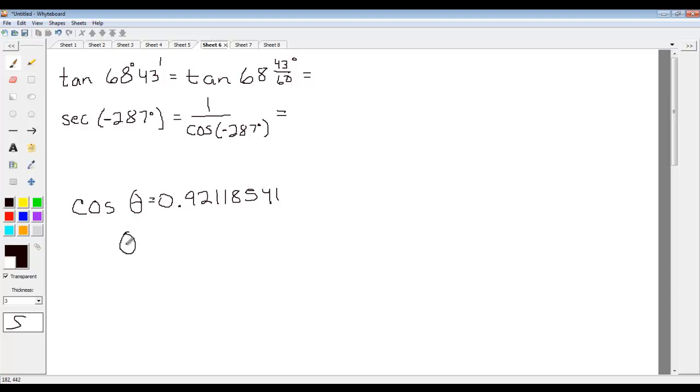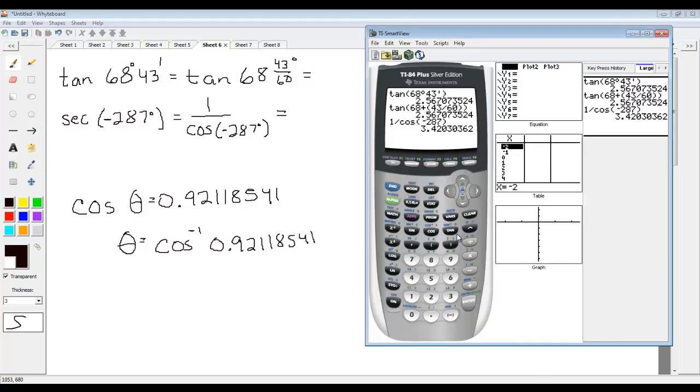If you're trying to solve for theta, the angle, you can do the inverse cosine of 0.92118541. And that's exactly what that key is used for on the calculator. You do second cosine, 0.92118541, and then hit enter, and it tells you the answer.